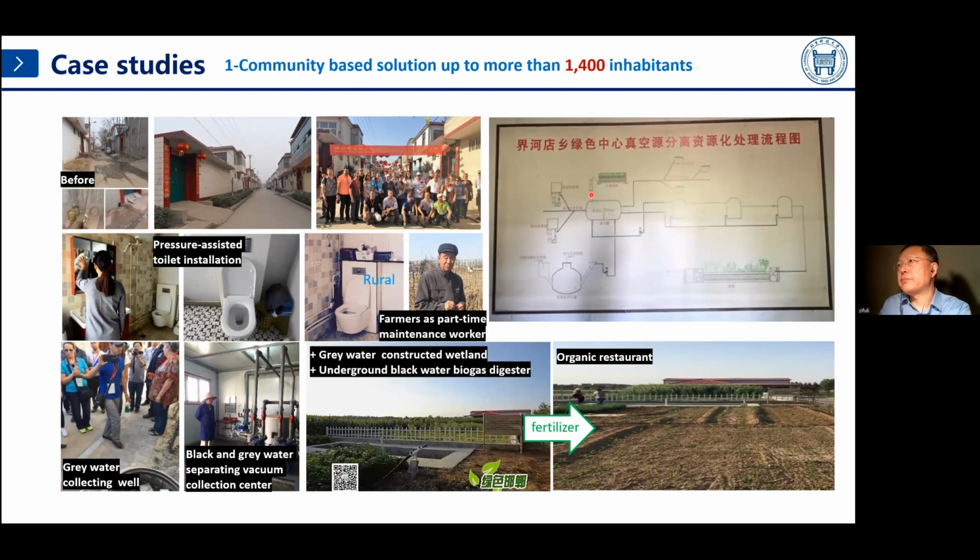They use the separation principle, and the gray water will finally be treated with a constructed wetland, and the black water will be treated using an anaerobic digestion process. After digestion, the black water is separated into solid and liquid, and the solid will be composted, and the liquid used directly as liquid fertilizer. You can see also some delegates from Africa, from Morocco, and other countries who visited this project.